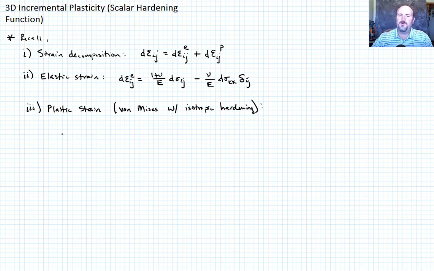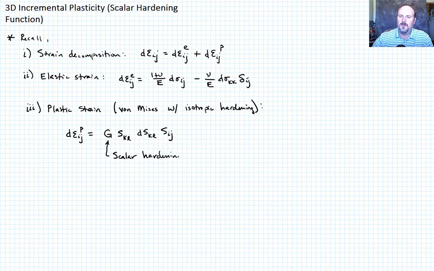In that case, we could write d epsilon ij plastic equal to g, our scalar hardening function, times s_kl d s_kl times s_ij, where s is our deviatoric stress tensor. So this quantity, s_kl d s_kl, is a scalar quantity, times another scalar quantity, our scalar hardening function.